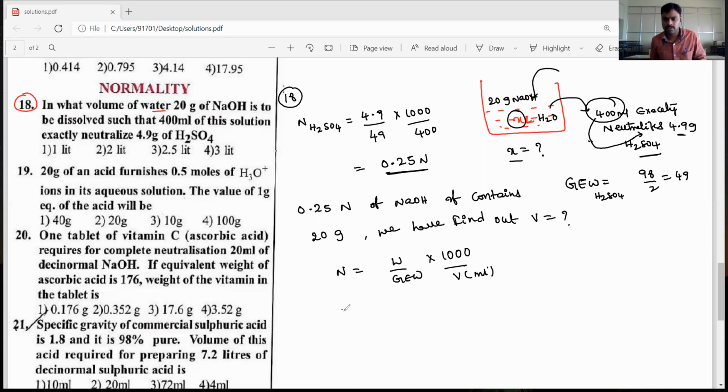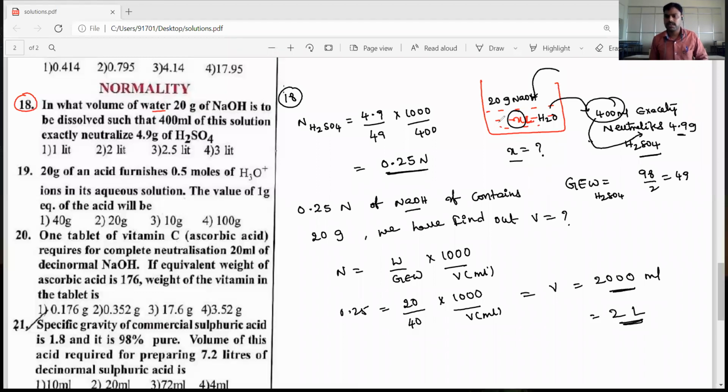So 0.25 is equal to the weight of NaOH, 20, divided by the gram equivalent weight of NaOH, which is 40 only, because the n factor for NaOH is 1, into 1000 by volume in ml. On simplification, V is equal to 2000 ml, which is nothing but 2 liters. So actually it is 2 liters of solution, dear students.